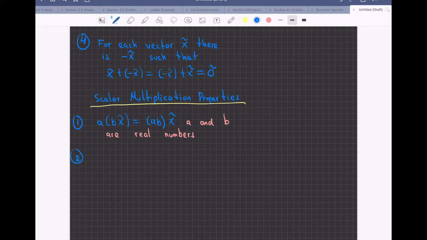Number two, A times the sum of two vectors. You can apply something like a distribution property, that is A times X plus Y equals A times X plus A times Y. And again, A is a real number.